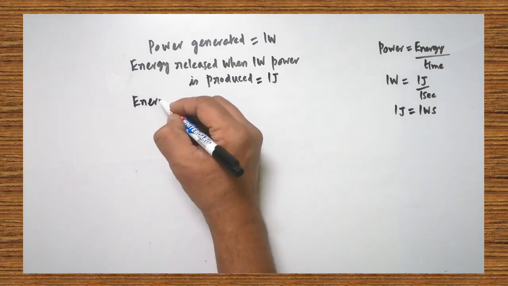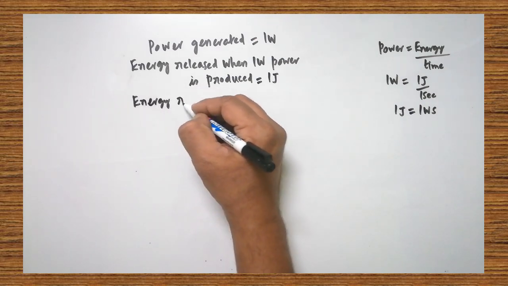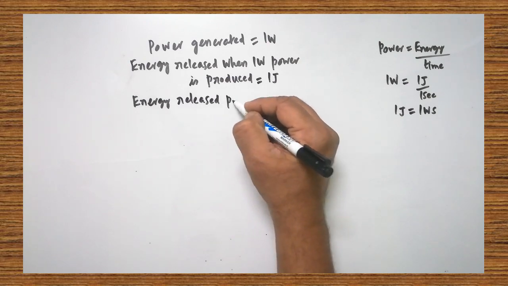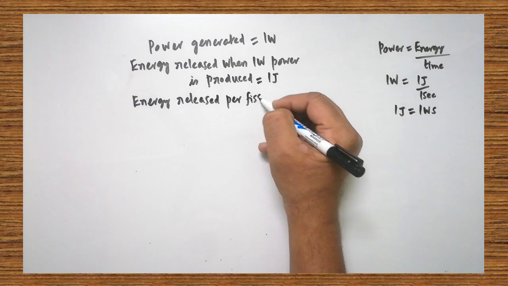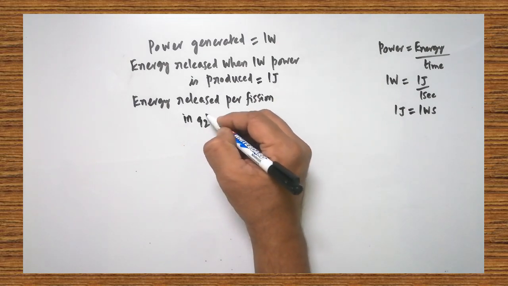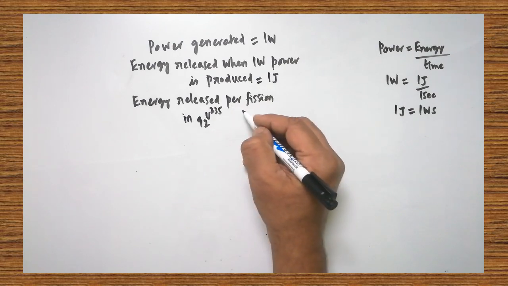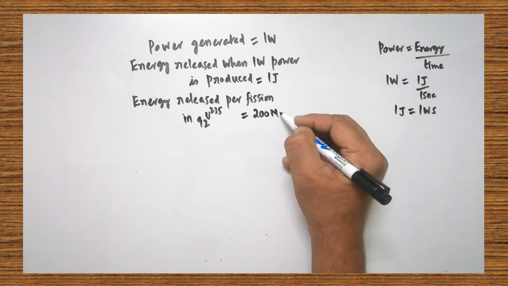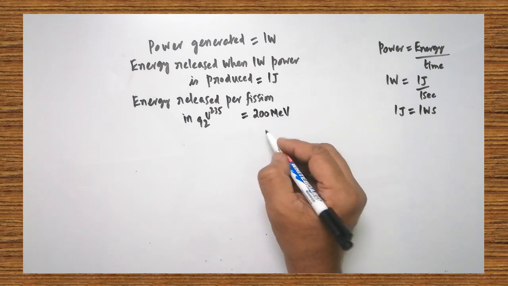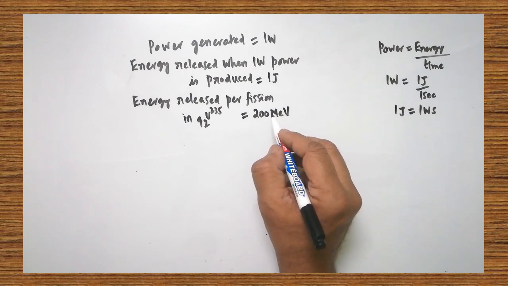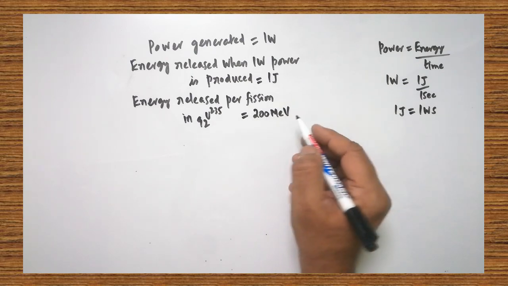Energy released per fission is also given. Energy released per fission in the case of 92 uranium 235 is given. How much? 200 million electron volt. This much amount of energy is released in single fission of 92 uranium 235.